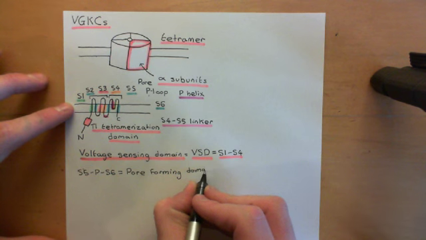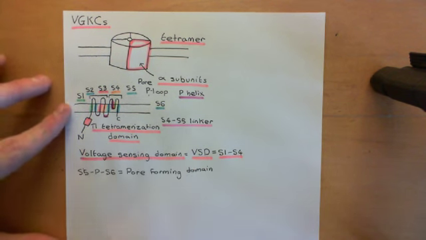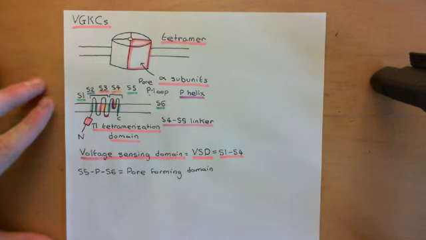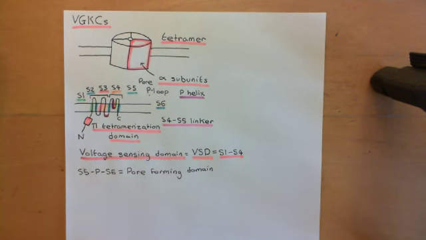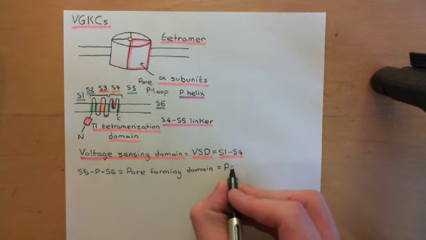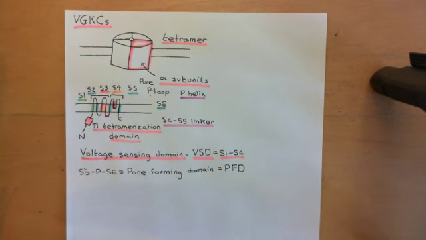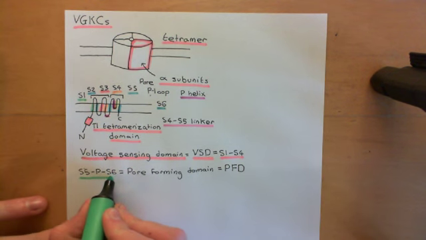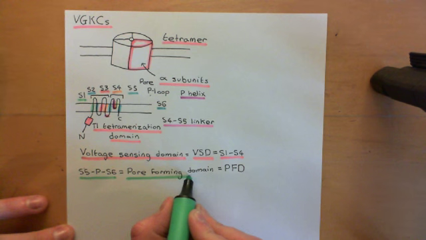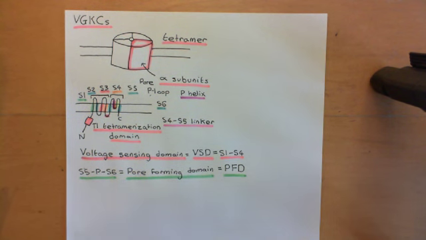You can see that the voltage sensing domain S1 to S4 and the pore forming domain S5, P, S6 are separated by that S4, S5 linker. We'll be abbreviating the pore forming domain from now on down to PFD. So S5, P, S6 is called the pore forming domain, and we'll be abbreviating it down to PFD.